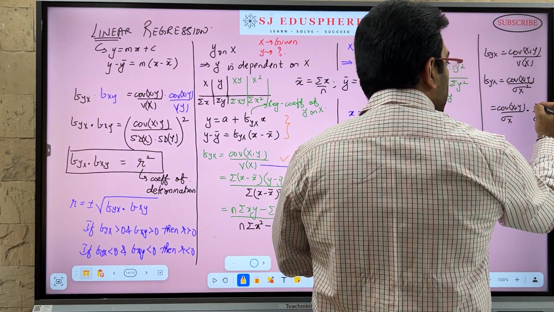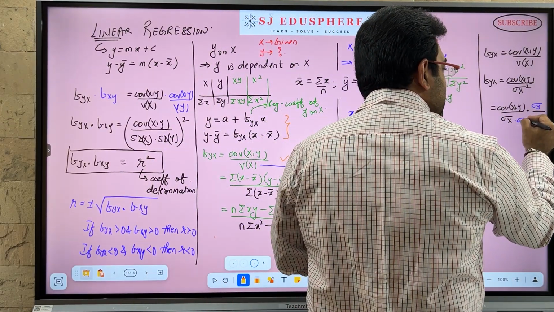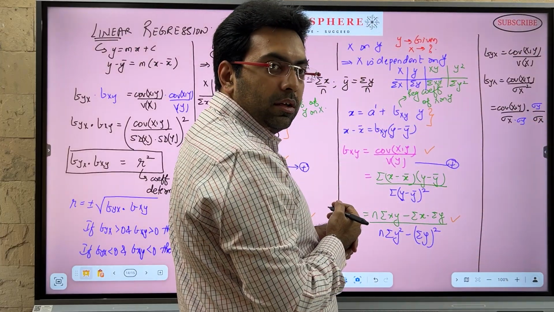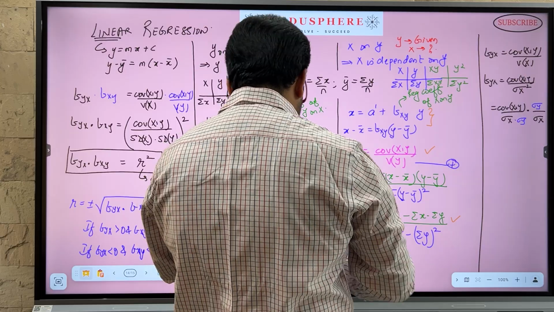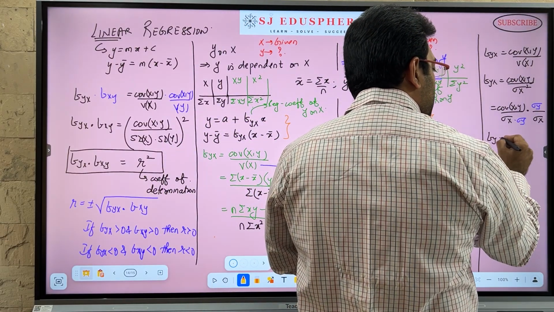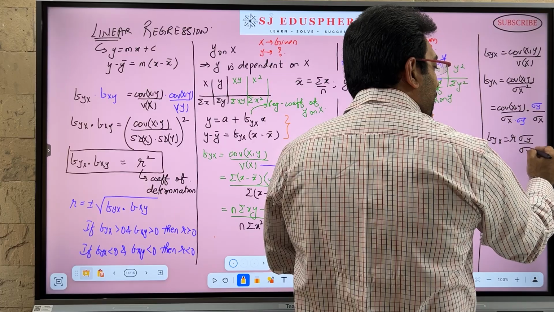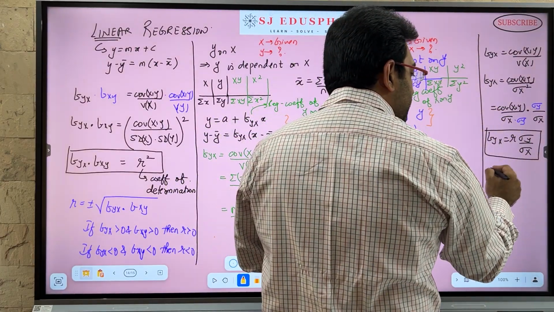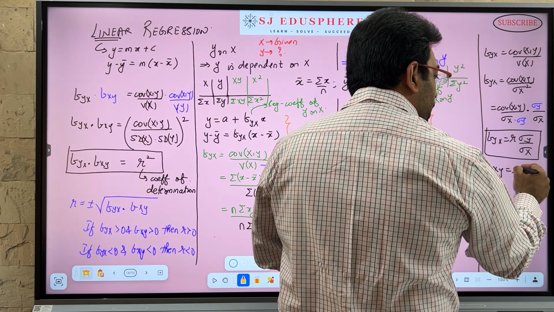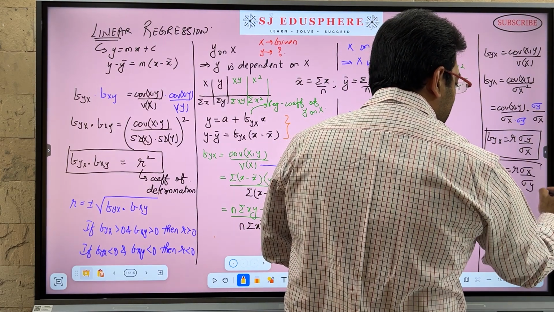I am multiplying the numerator with standard deviation of y and balancing over here with standard deviation of y. Well, this is your correlation. So my second formula becomes byx is r sigma y upon sigma x, and similarly bxy is r sigma x upon sigma y.